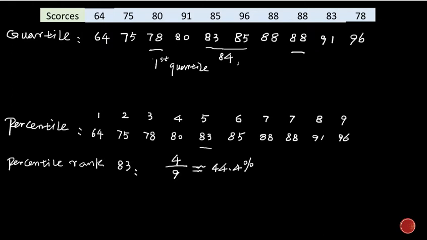Let's calculate another score. How about the percentile rank of 88? How many data fall below 88? Look at it. 1, 2, 3, 4, 5, 6, 7.